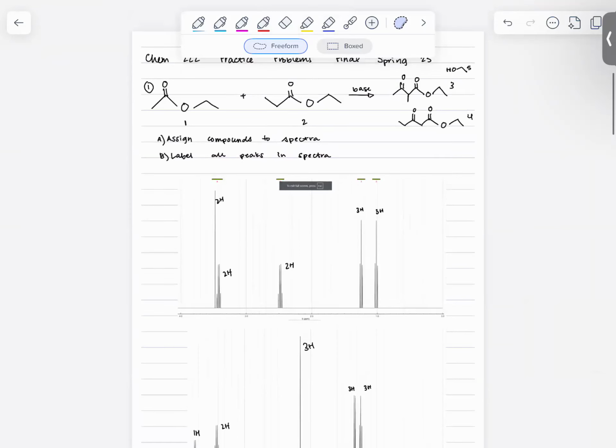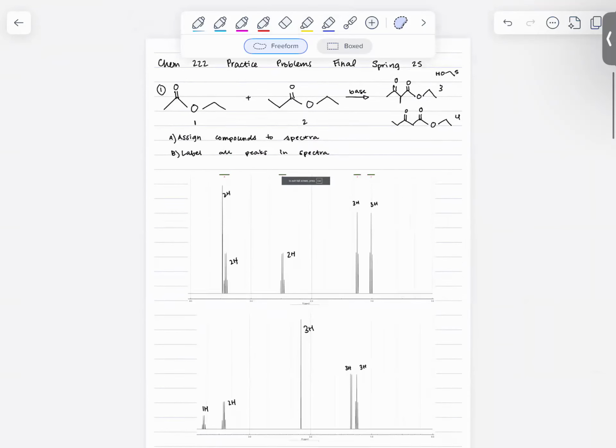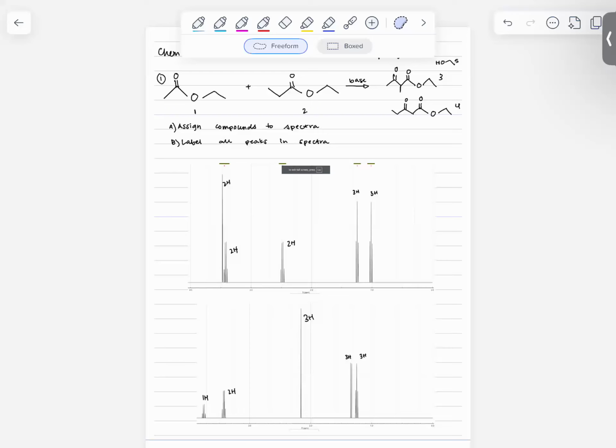I'm going to try and zoom out so that you can see all the necessary information. There are 2 NMRs, one corresponds with 3 and one corresponds with 4. It is up to you to figure out which corresponds with which and then label those signals. Once you write down the structures, give me a thumbs up and I can zoom into the NMRs.